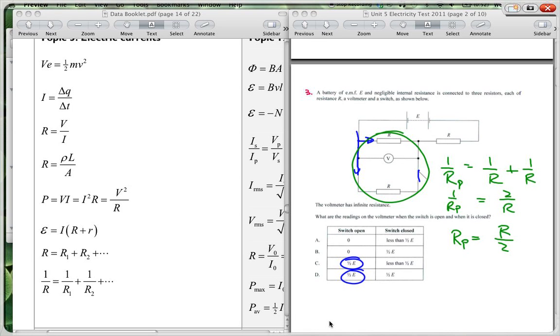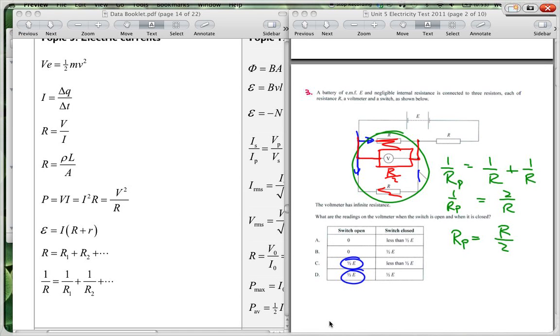So we could replace these two by one resistor, and it's going to have a resistance of R over 2, or half the resistance, which makes sense because we have two paths each going through resistance, so we've doubled the amount of conductor or area which the charge can go through.